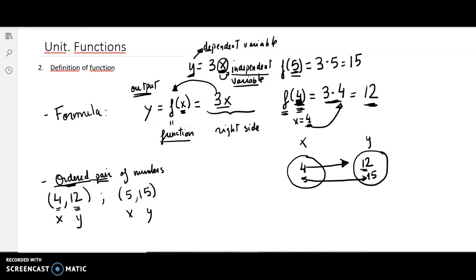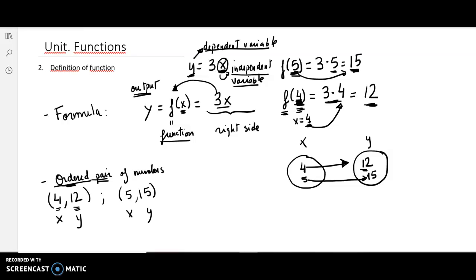The dependent variable depends on the number that you put in the x. For example, if I put a 5 and this number produces the 15, this is 15 because I put 5.